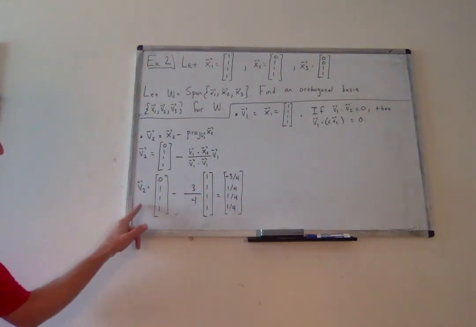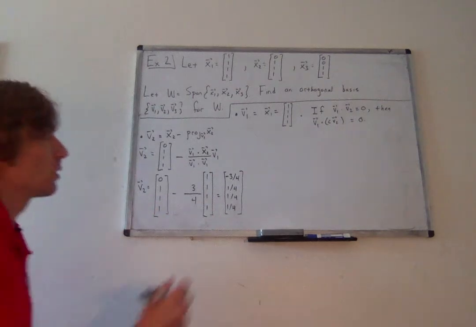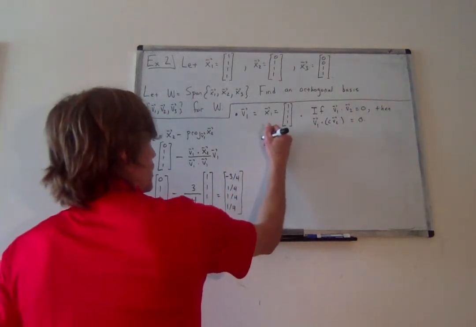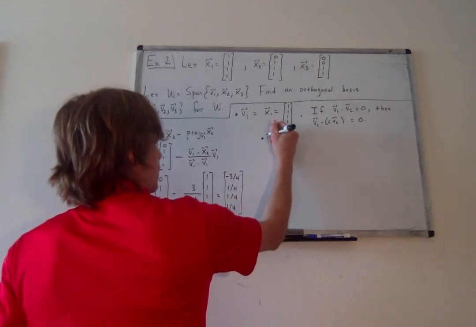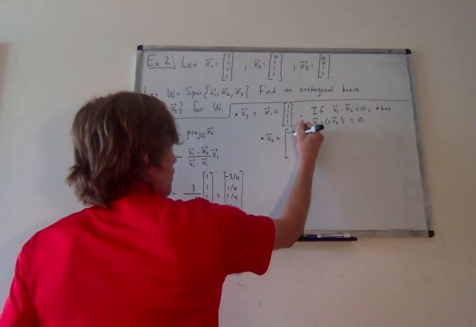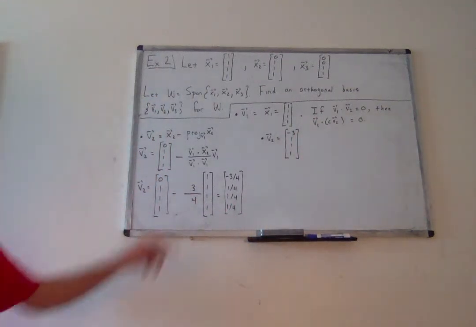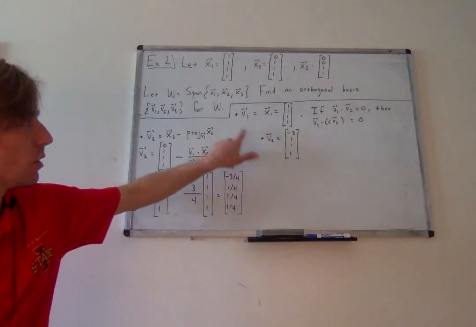So I'm not going to use this vector with all these fractions. I'm actually going to use the vector I just calculated multiplied by 4. And notice v1 and v2 are still orthogonal.